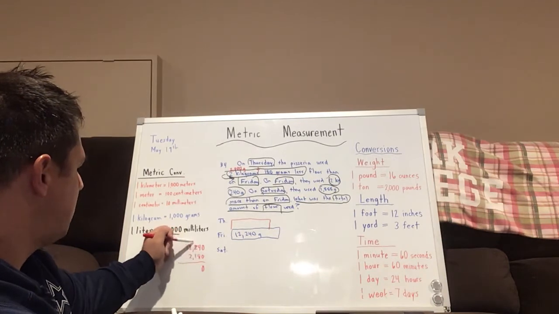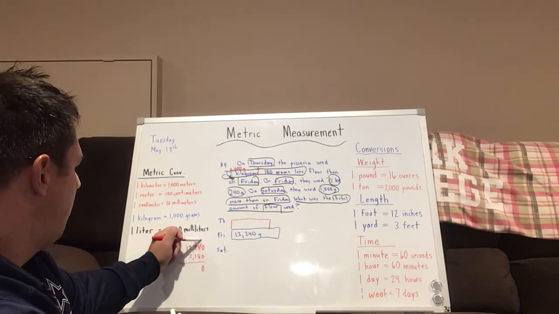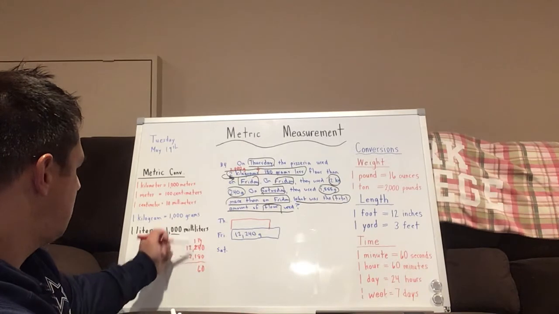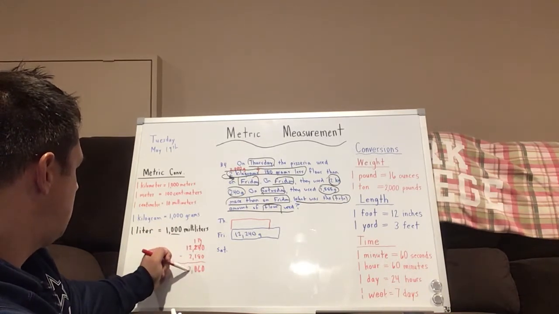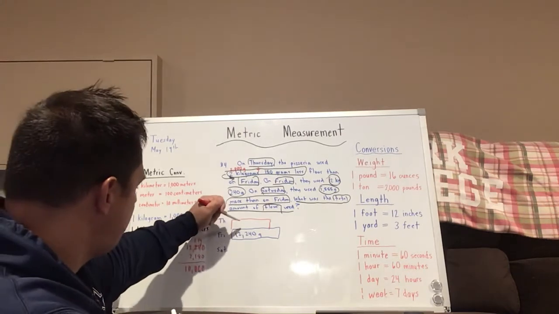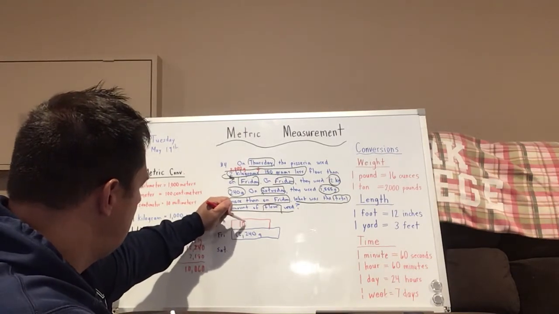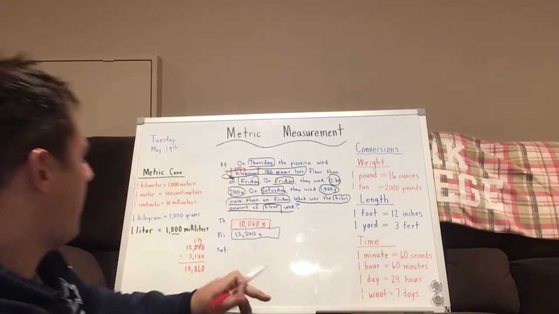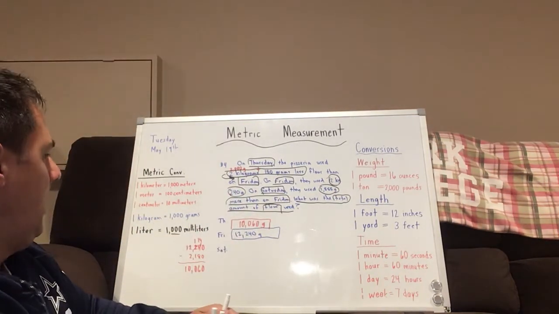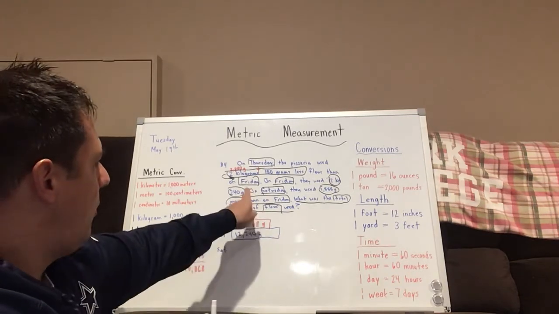Can't do 4 minus 8, so let's borrow from the 2. 14 minus 8 is 6. 1 minus 1 is 0. 2 minus 2 is 0. And bring the 1 down. So I know Thursday's amount would be 10,060 grams.